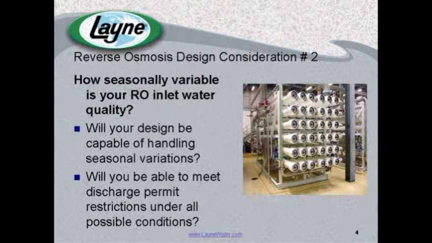A quick example might be that you are using your reverse osmosis system to create process water, or maybe even boiler feed water, from some sort of lake or river stream.